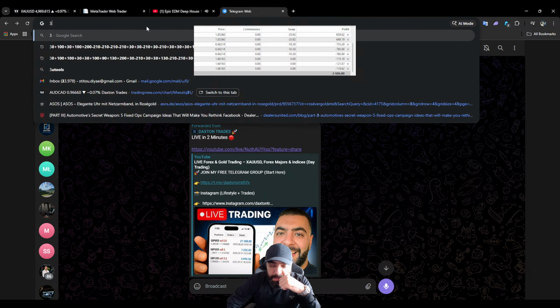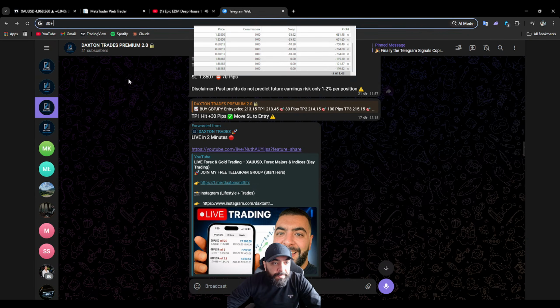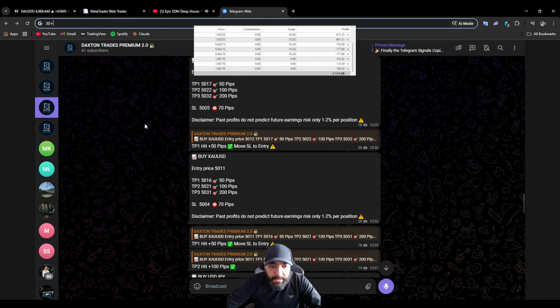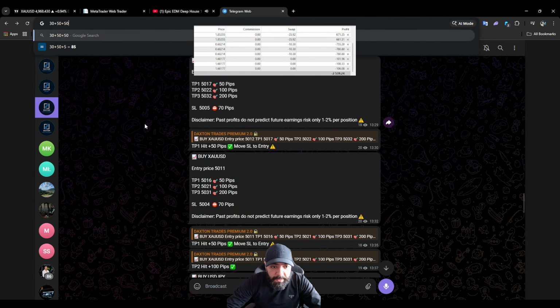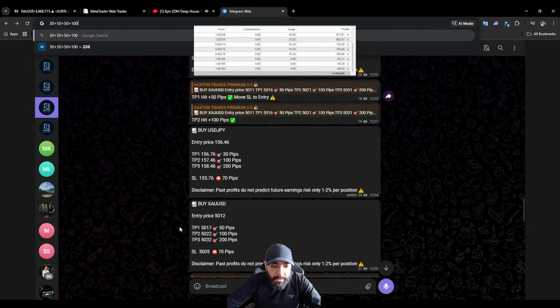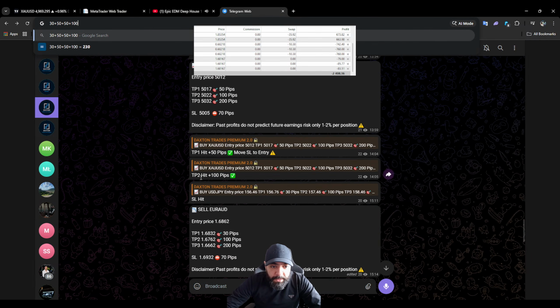So 30 pips GBPJPY plus 50 plus 50, this one and this one plus 100, plus 150. This is a stop loss. The stop loss is always 70 pips, and since I entered the trade 3 times and I count TP1 and TP2, that means I need to count the stop loss times 3.